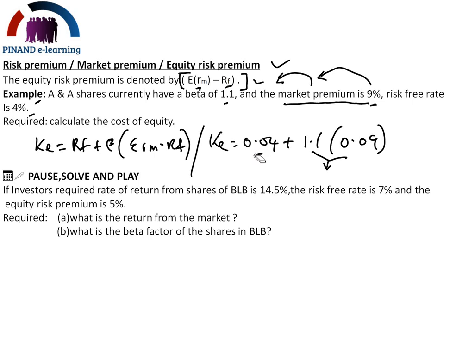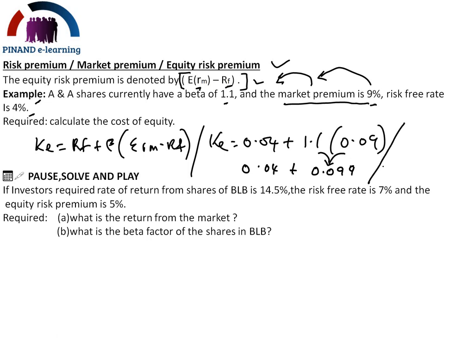Okay, let me erase this. So if we do this with our calculators, we should be getting 0.099, add it to 0.04.